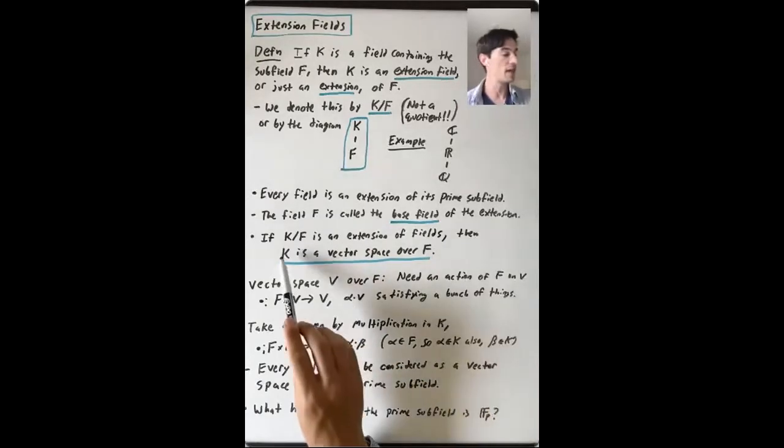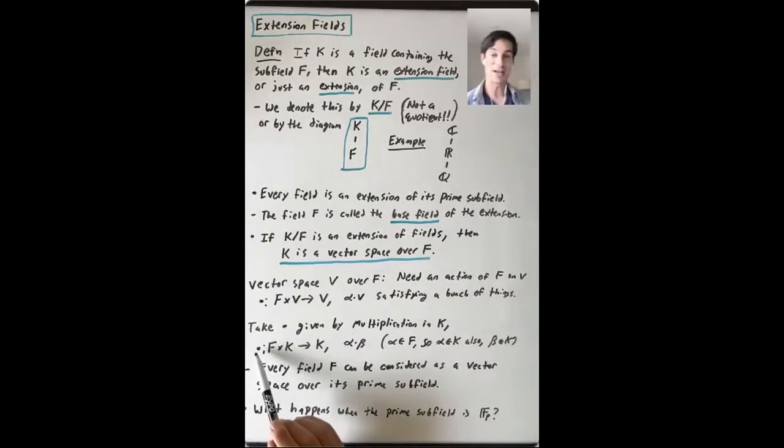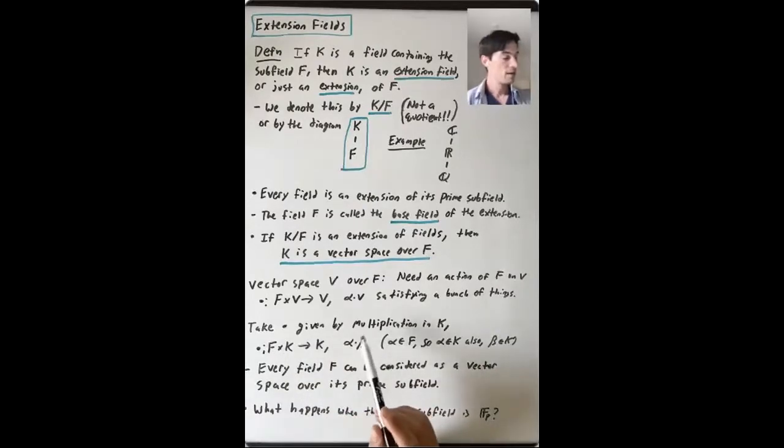So if we want to think of K as a vector space over F, what is this function, this action of F on K? Well, it's going to come from multiplication in K. So multiplication is going to give an action of F on K. So what is that?